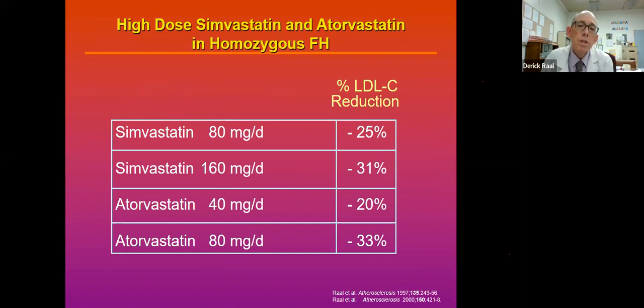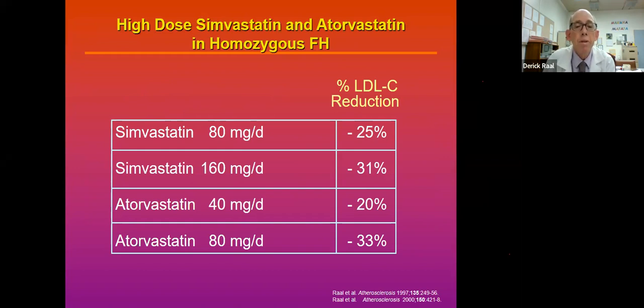Now, in most patients, high-intensity statins would halve your LDL cholesterol level, but what about homozygotes that have very poor residual LDL receptor function? Interestingly, these are some studies we did with very high dose simvastatin, atorvastatin, and similarly one with rosuvastatin. The effect in homozygotes is about half.